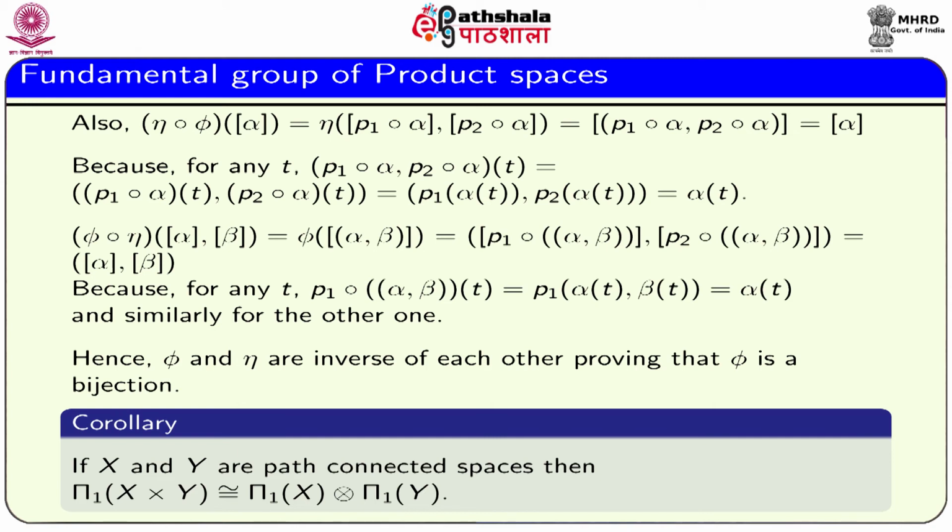As a corollary to this theorem, if we start with two path connected spaces X and Y, then the fundamental group of the product space X cross Y is isomorphic to the direct product of the fundamental groups π1(X) and π1(Y).